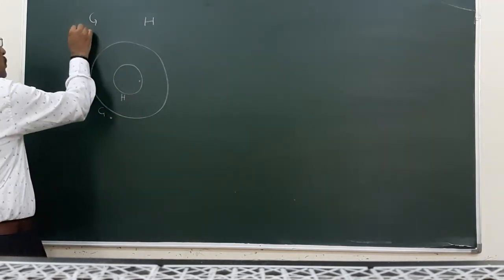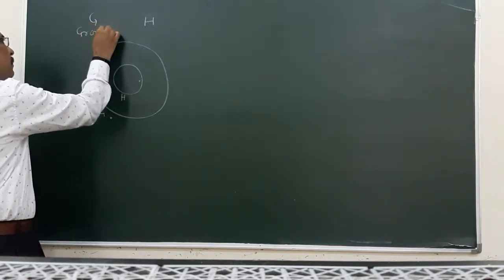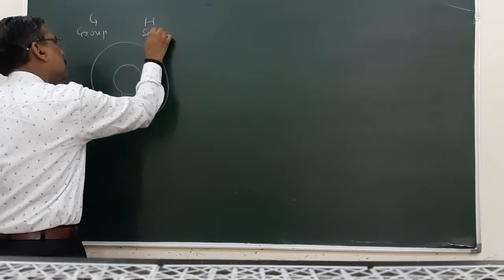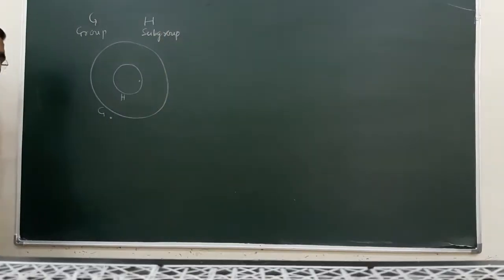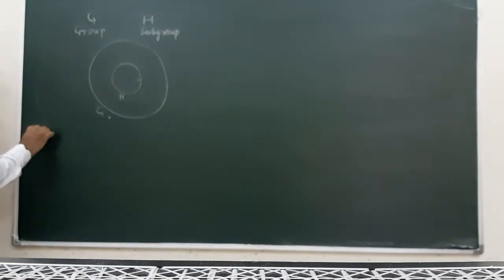So G is a group and H is a subgroup. Then what will happen? We have three important properties for this.